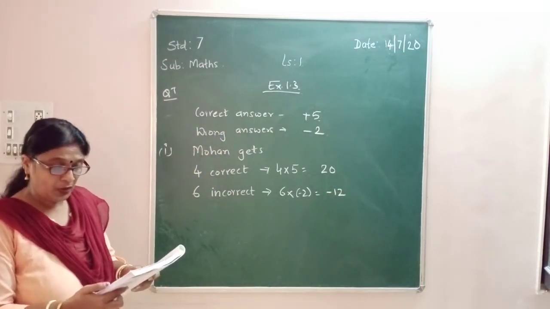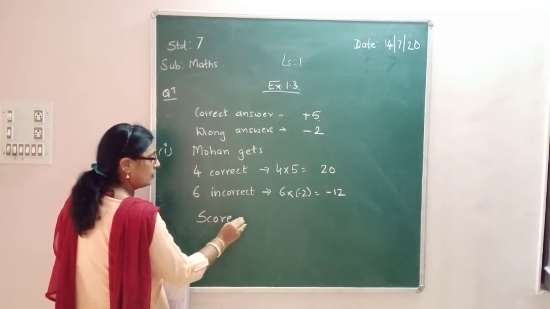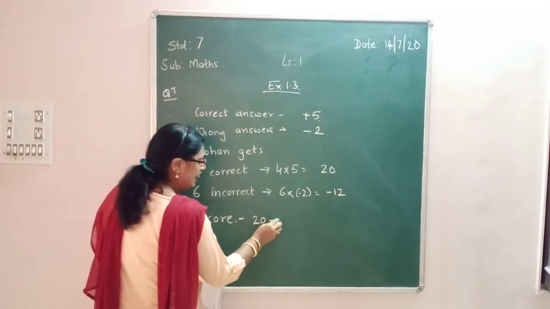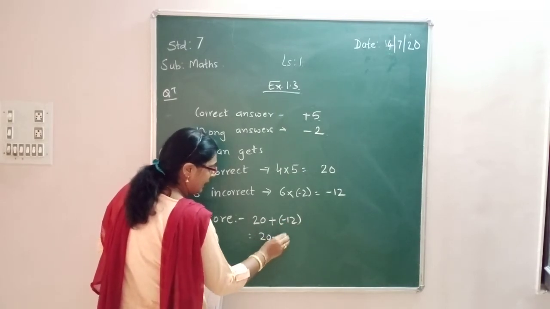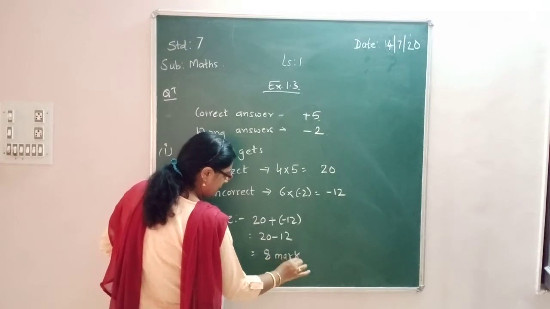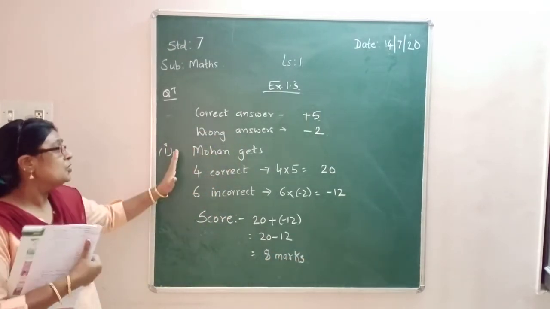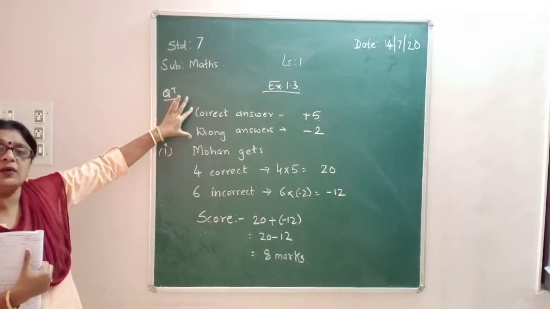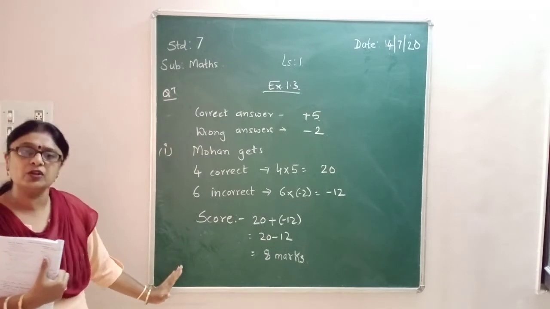So what is his score? 20 plus -12. That is equal to 20 minus 12. That is equal to 8 marks. Is that clear, children? Okay. So first you have to write down in general for correct and wrong answers or incorrect, and then one by one you have to see.